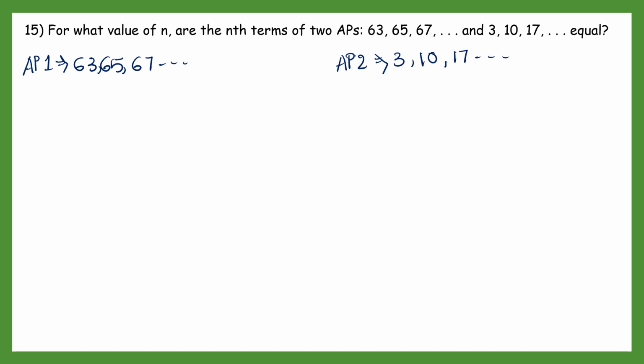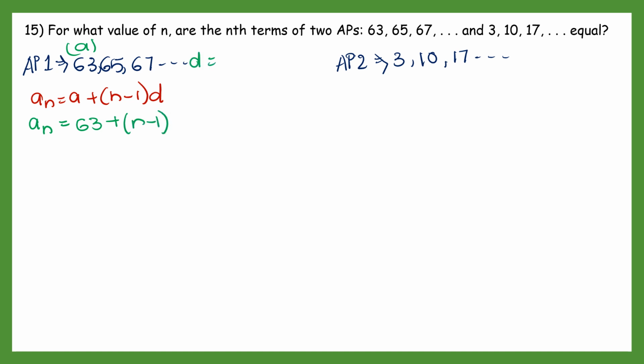What is the formula for An? An is equal to a plus n minus 1 into d. So, let's find the nth term. In the first AP, An is equal to the first term a of the arithmetic progression plus n minus 1 into the common difference.